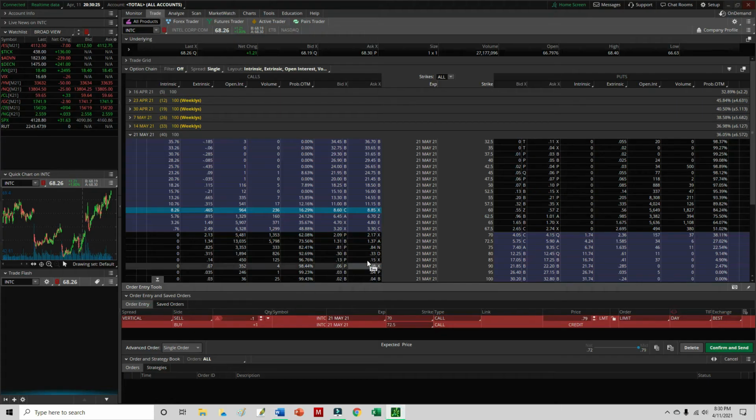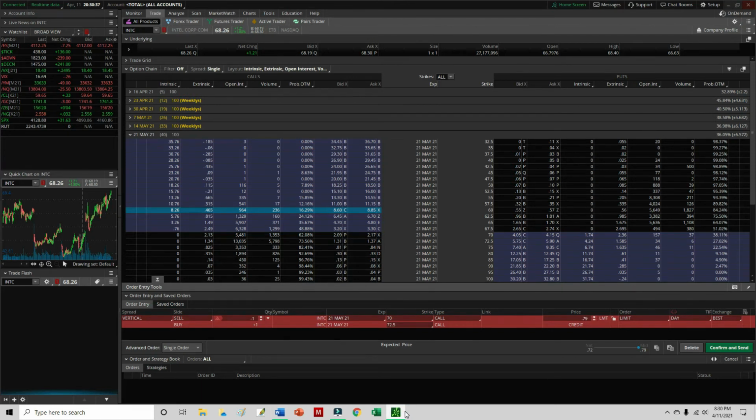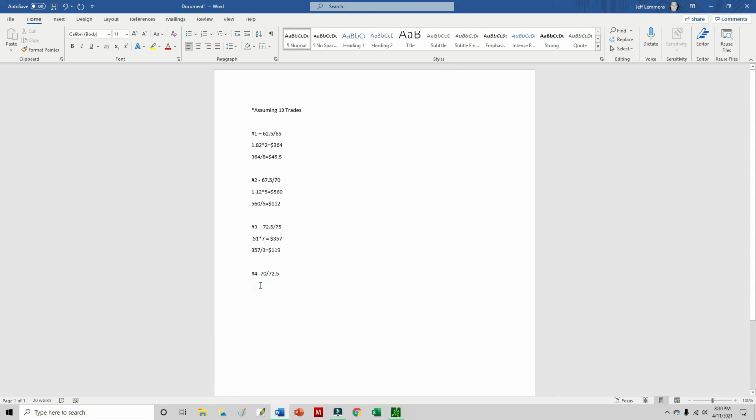So this is the 72.50, just out of the money. We have a credit of 79 cents, and it looks like we'll win 6 out of 10 trades, from a probability standpoint.